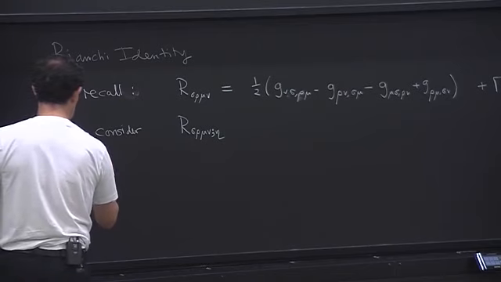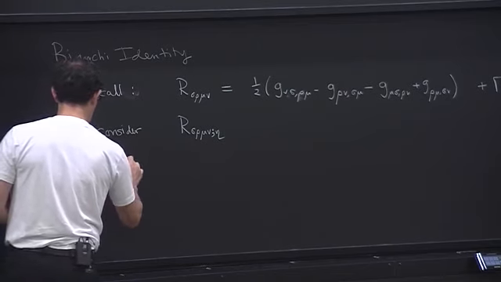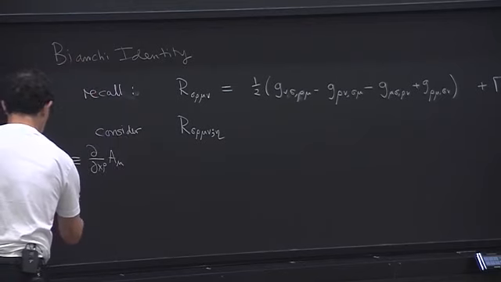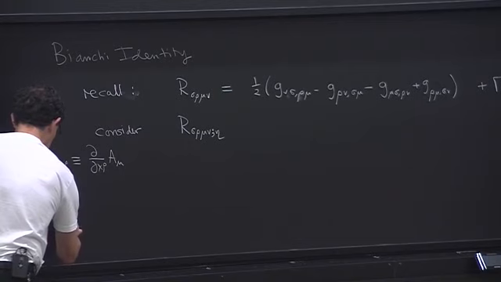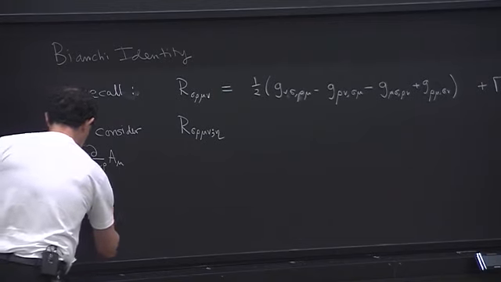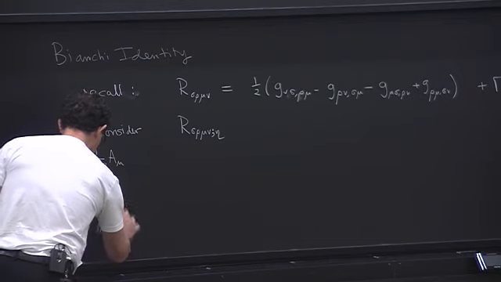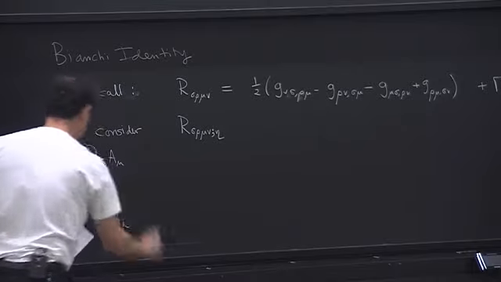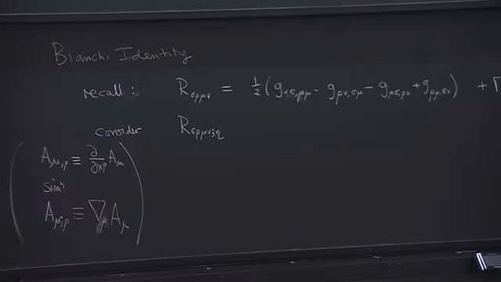This is defined to be d by dx rho of A mu. And similarly, A mu semicolon rho is defined to be covariant derivative d rho of A mu. Okay, so the semicolon is traditionally used for the covariant derivative.